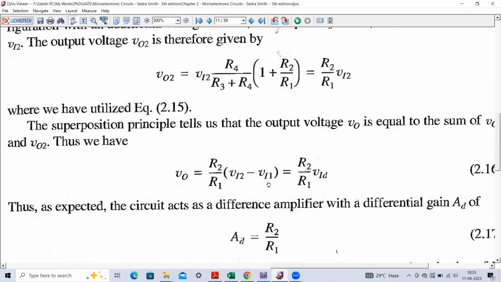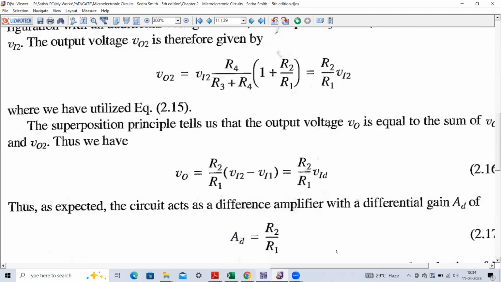Because it is a difference amplifier, obviously the difference at the input that we have applied is going to be amplified by the OPAMP. And here you can directly see this differential gain AD will be given by R2 upon R1.